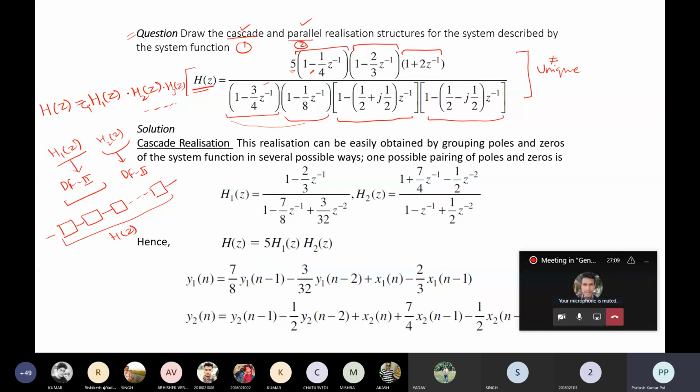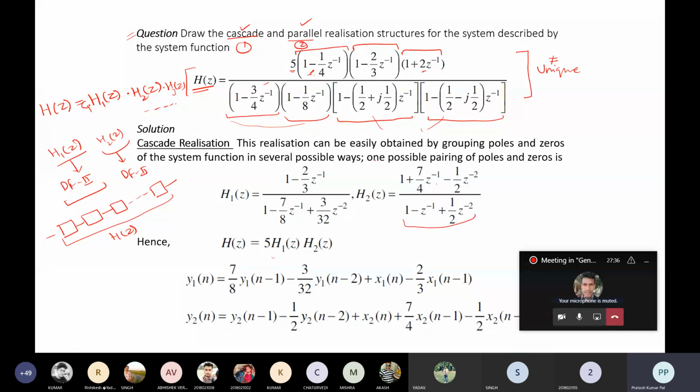After multiplying this will be given, and the remaining part is this term and 5. Okay, so 5 has been taken outside. So this first term in the numerator and second term are multiplied. Okay, and after multiplying, the term that we get is this one as the numerator, and this one after multiplying we will be getting this.